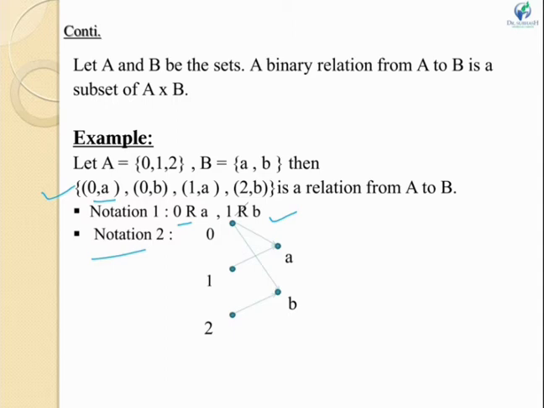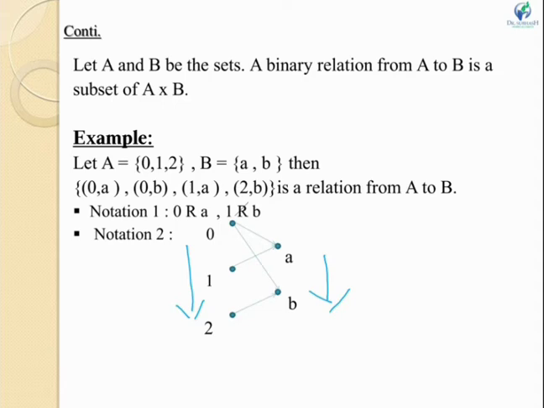The second notation is the arrow diagram. You can also denote this set of pairs by an arrow diagram. See here I have written elements of A on one side and elements of B on the other side. Now we will see each ordered pair.